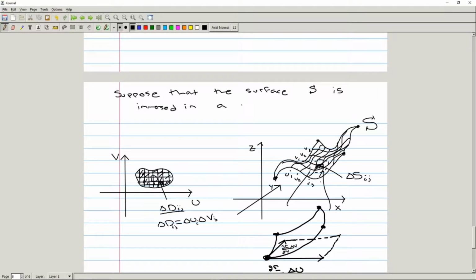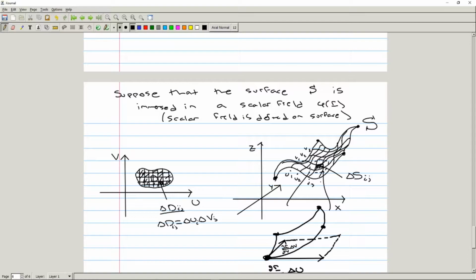In a scalar field, or better yet, that the scalar field is defined, this scalar field we call phi of r, on the surface.